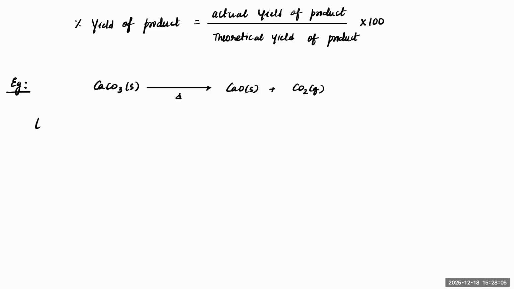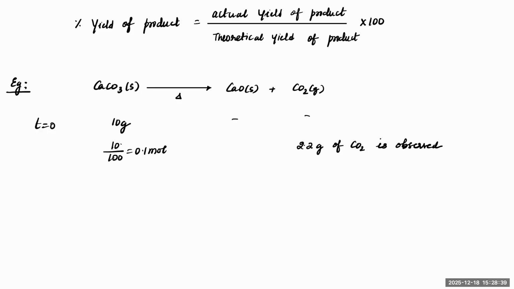At T equal to 0, if I take 10 grams of calcium carbonate, which means it is 10 upon 100, which makes it 0.1 moles. So imagine if I tell you there is only 2.2 grams of carbon dioxide observed. I will tell this as observed values.